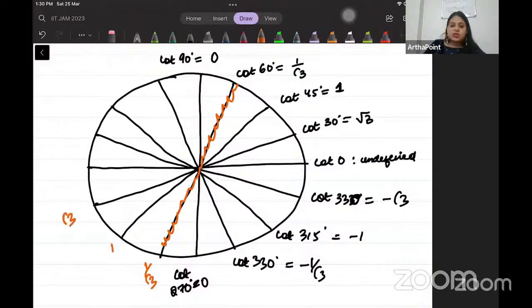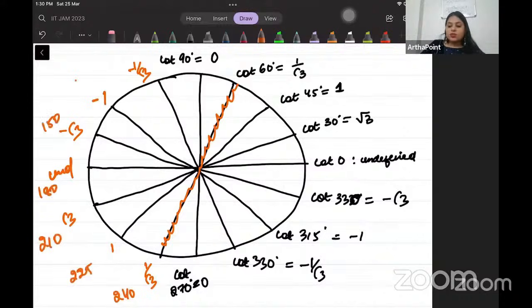If this was undefined, this will also be undefined. If this was minus root 3, this will also be minus root 3. This is minus 1, minus 1. This is minus 1 by root 3, minus 1 by root 3, and then you complete it. So I went till 270, then this will be 240, this will be 225, 210, 180, 150, 135, 120, and 90.